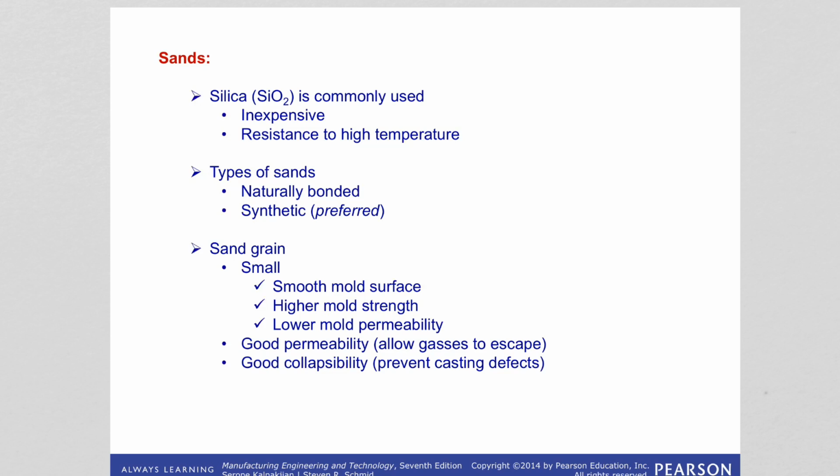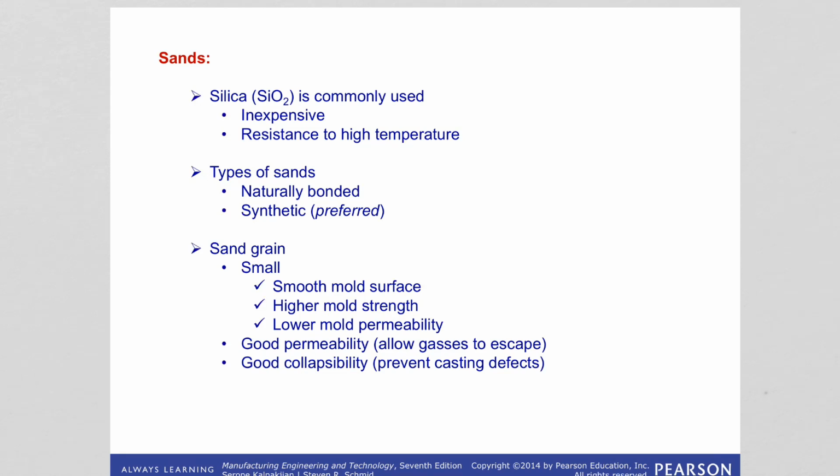Remember, some gases like hydrogen can get trapped inside the cast, so we need to remove them from the metal. If the sand mold has good permeability, that means it allows the gases to escape, which is what you want. But if it has low permeability, then the gases have a greater chance to get trapped inside the material, which in turn will cause defects.